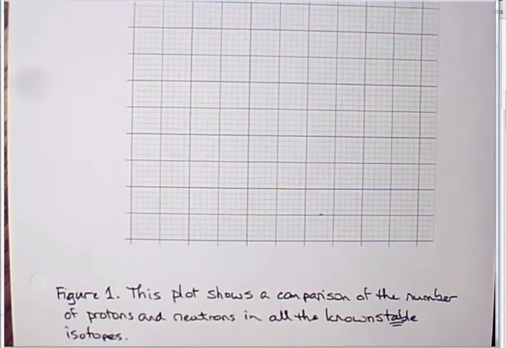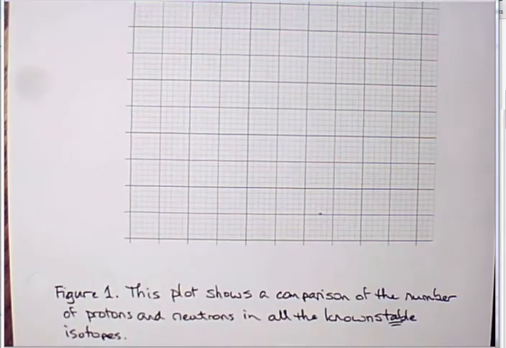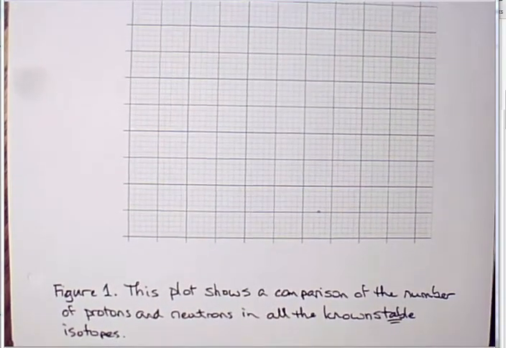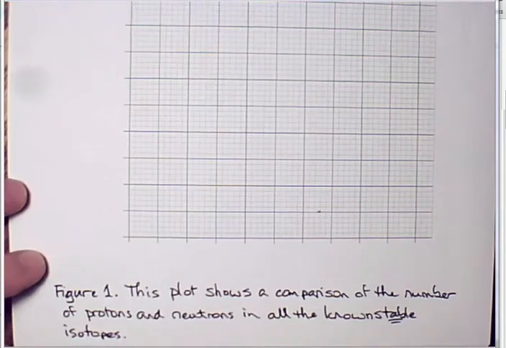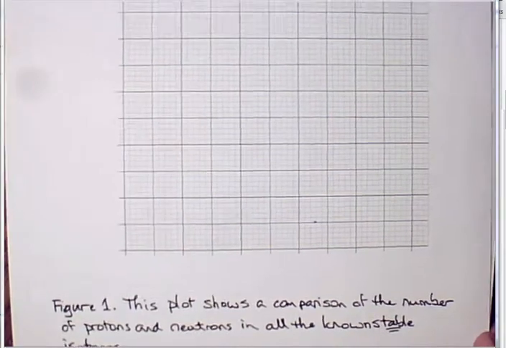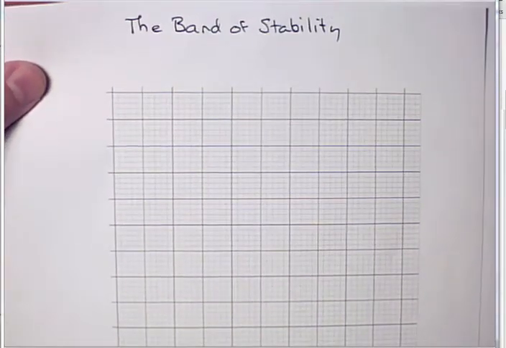Or, because you're changing the neutrons, you're also changing the mass, you could say isotopes are two forms of the same element differing in the atomic mass of those two forms. Okay? So what we're comparing is the number of neutrons and protons in the nucleus of all the known stable isotopes. The band of stability. Okay? All right.